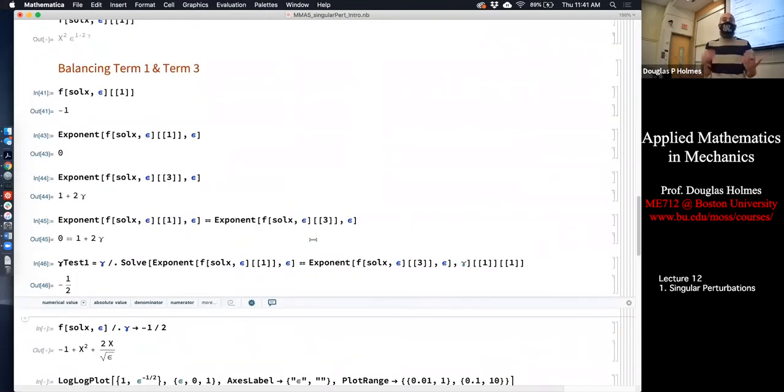If there was 4 terms, we would have to do 3 balances. The key thing here is that we always have to keep that term that we want to remain, which is that term that has the x squared. And so the third term is always going to be there for us in this case. And we're just picking to balance it with the first and checking to see if it works, which I haven't explained yet, and then doing that whole process again for the second term, and then checking to see if it works. Good question, though.